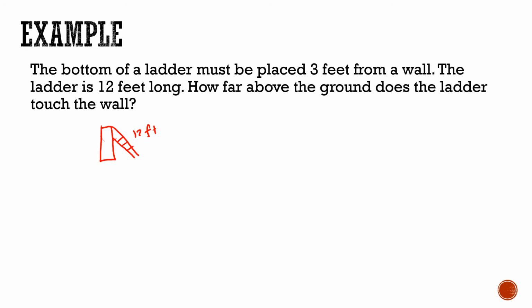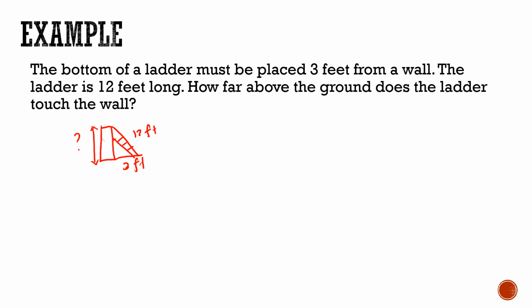The bottom of the ladder to the wall is 3 feet. I want to find how far above the ground the ladder touches the wall, the height at which the ladder touches the wall. This is the unknown.